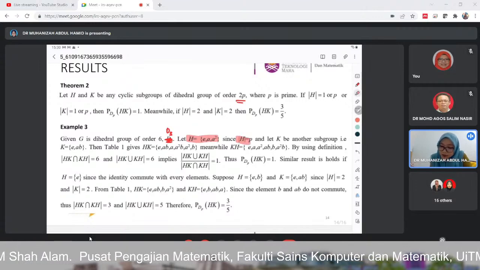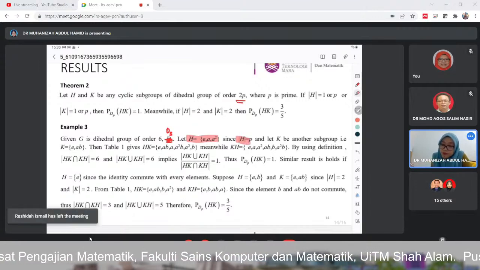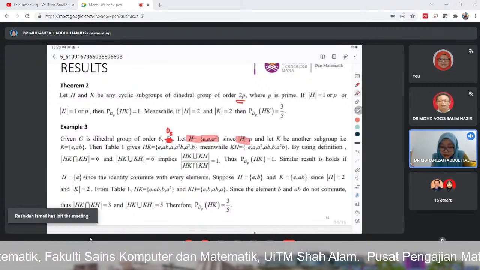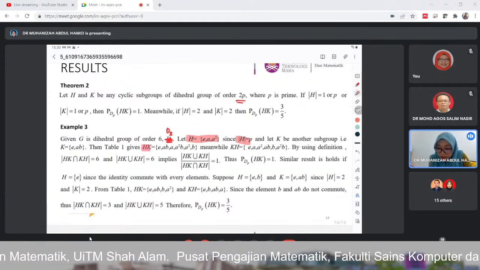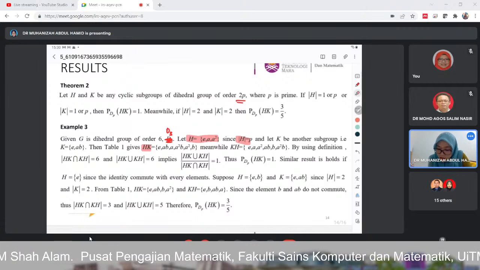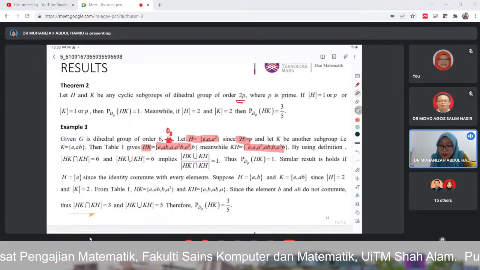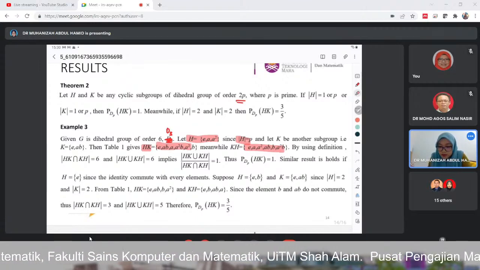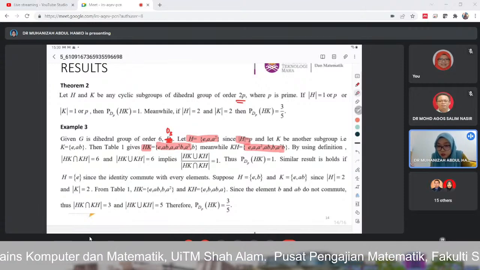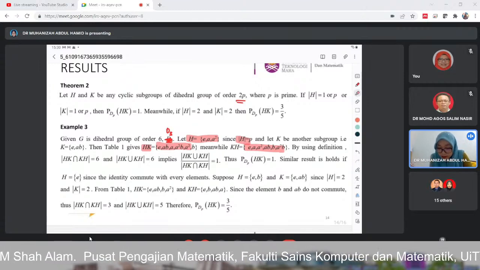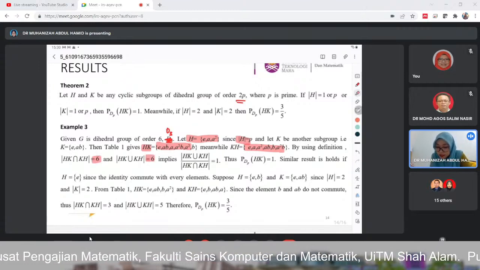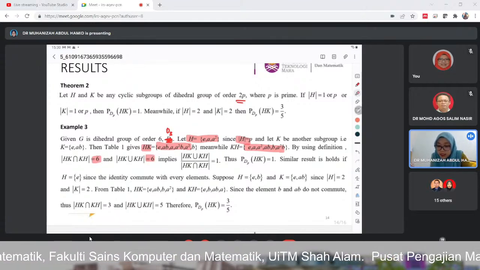We refer to table 1, the Cayley table of the group of order 6. You multiply HK and KH, and you will get the same elements in these two sets. So the intersection is 6, and of course the union is also 6. So that is why the probability is equal to 1.